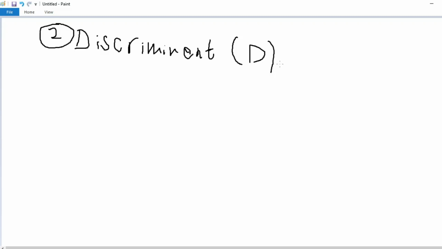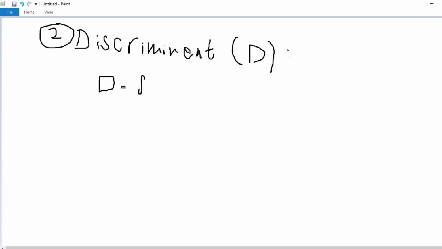The second step is to find the discriminant, which is symbolized as D. There is a specific formula. Let me write this formula, and you need to write it and also memorize it in case you get this kind of question in the midterms or a quiz. You need to know what the discriminant formula is.